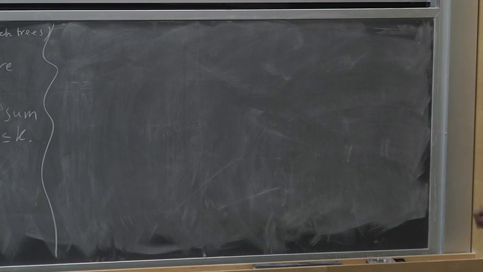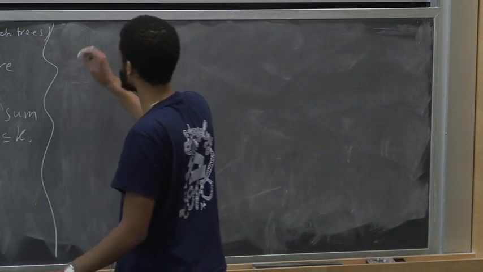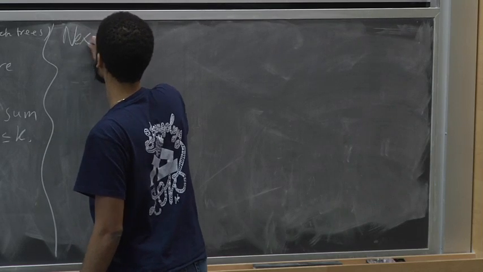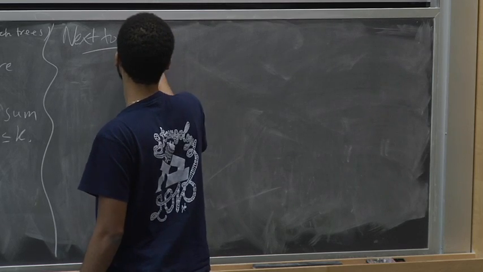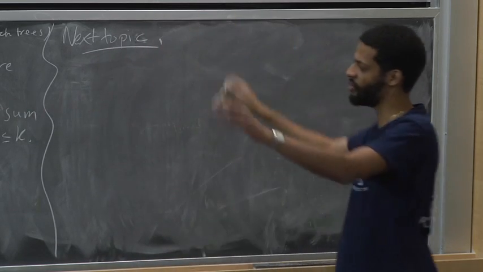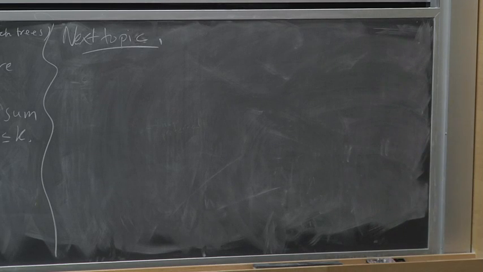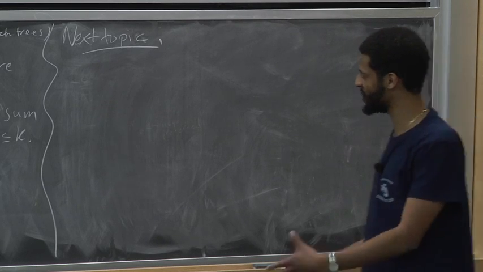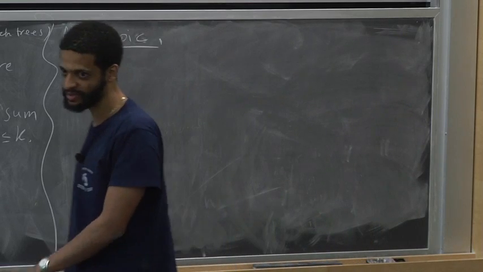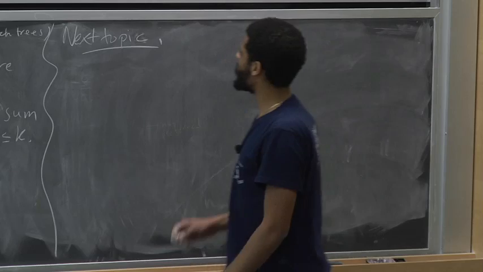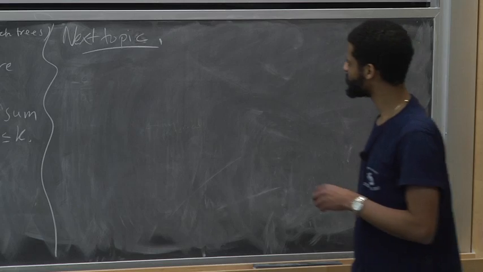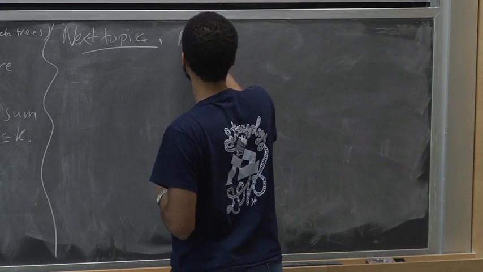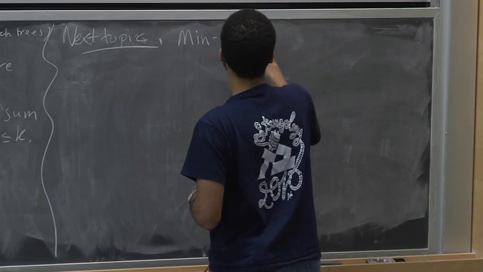Okay, so min cost max flow. That's it for basic max flow. Remember, we got into this whole link cut tree business because we were trying to speed up blocking flow. So how about another twist on max flow, which is min cost max flow.